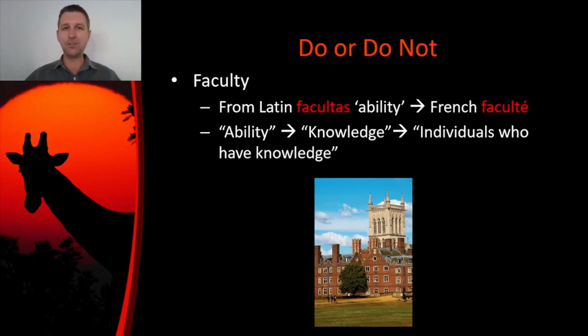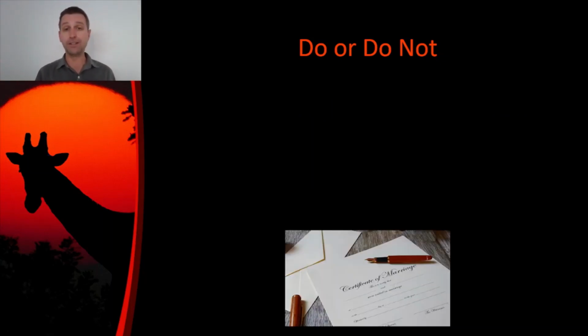The ability to get stuff done or to think through things is stored within all of those people. In other words, they can do a lot of stuff when their powers are combined, and that's why we call the employees, and not just any employees, but the professors and people like that at a university, faculty for that particular reason.